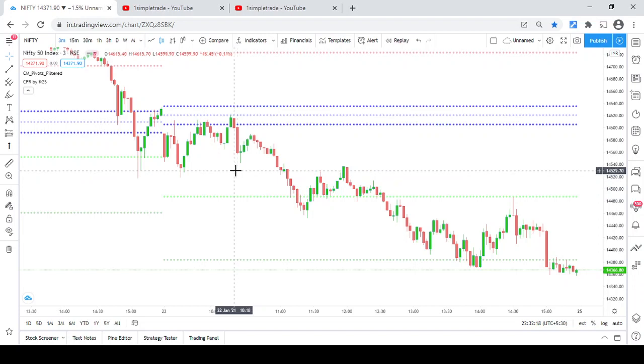You need to develop an instinct around price action, and for that you need to spend time in the market and watch the market unfold.